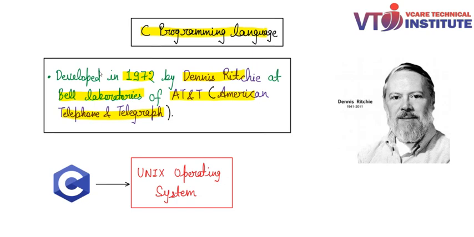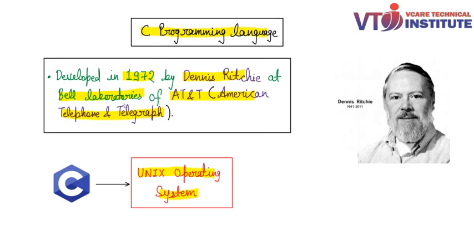This is the logo of the C programming language, and it is a very easy language. It has advantages over earlier languages like Fortran and COBOL. It was applied in the UNIX operating system, and you can see the photo of the founder, Dennis Ritchie, who developed the C programming language.